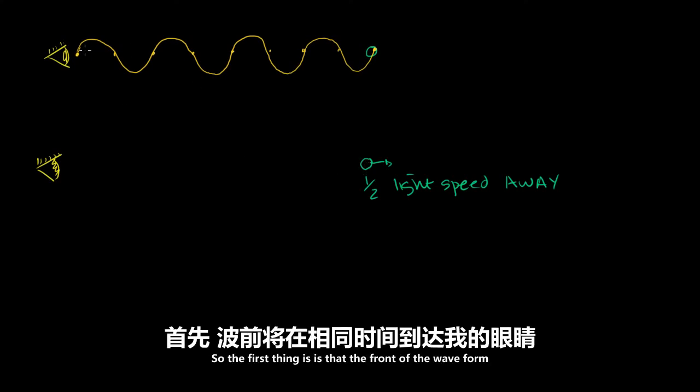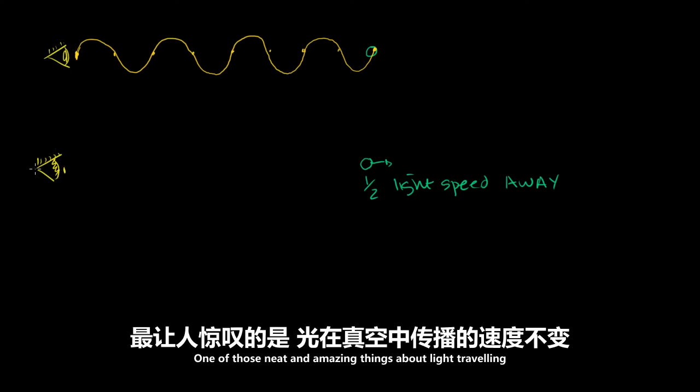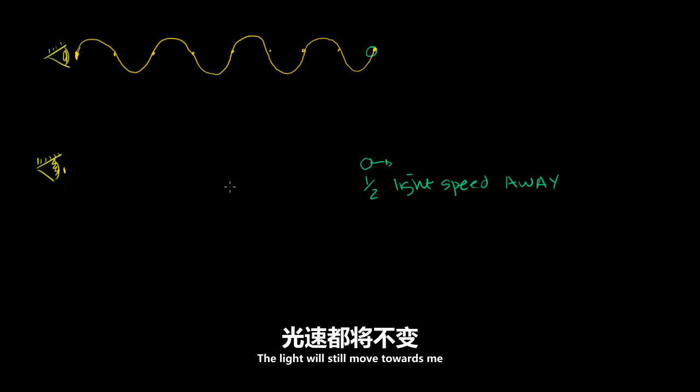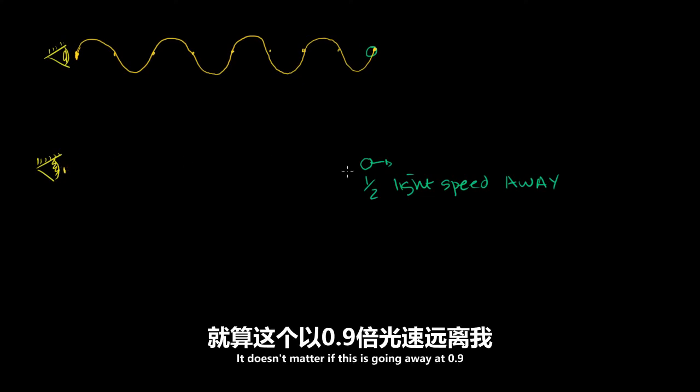Now let's think about what's going to happen with this source. So the first thing is that the front of the waveform is going to reach me at the exact same time. One of those neat and amazing things about light traveling in general, or especially in a vacuum, is that it doesn't matter that this is moving away from me at half the speed of light. The light will still move towards me at the speed of light. It's absolute. It doesn't matter if this is going away at 0.9 the speed of light.